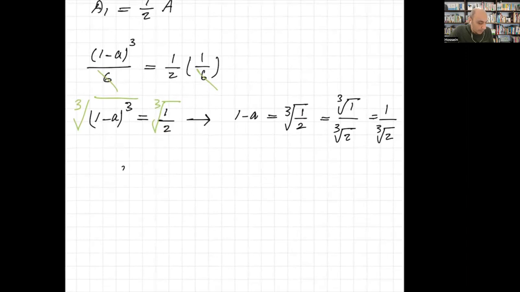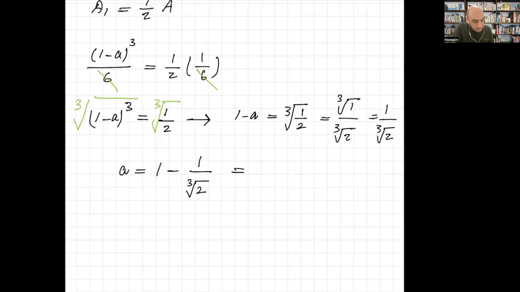So a is going to be equal to 1 minus 1 divided by the third root of 2. So let me use my calculator to find this number here, 1 minus 1 divided by the third root of 2.